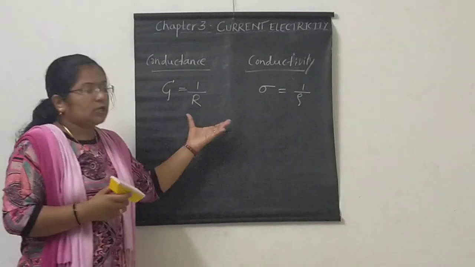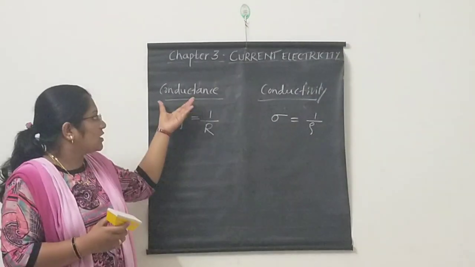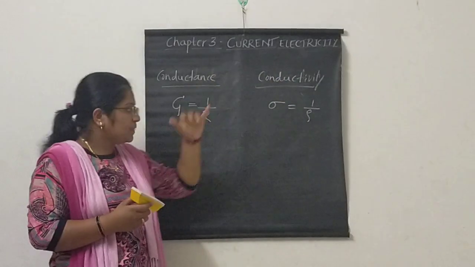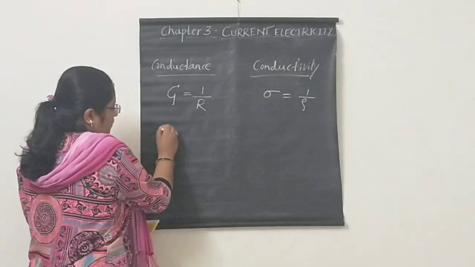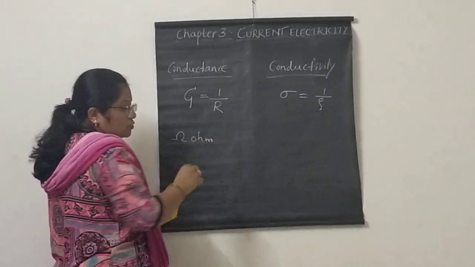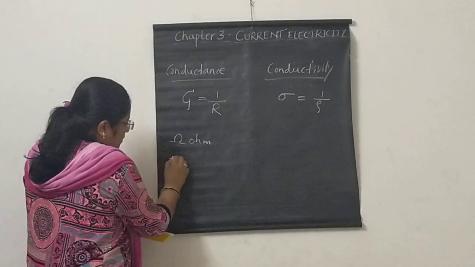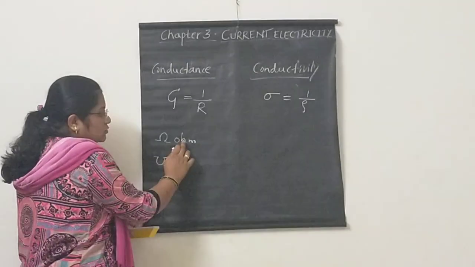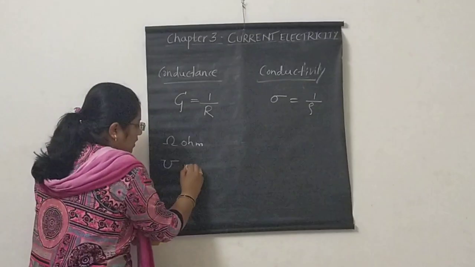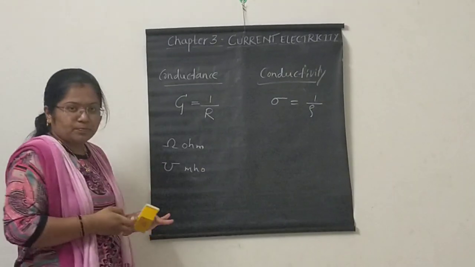Now think of the SI units for conductance and conductivity. For resistance, what is the SI unit you have? Ohm. So its inverse is the inverted ohm symbol, which is mho. Understood?